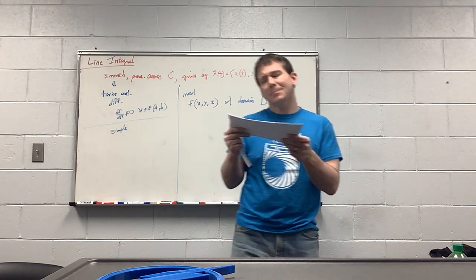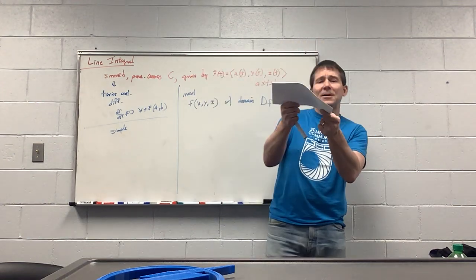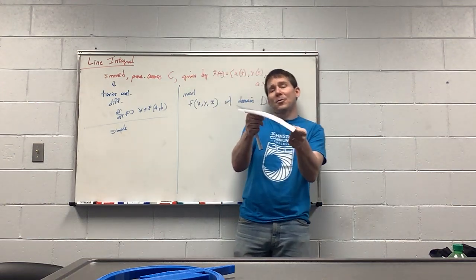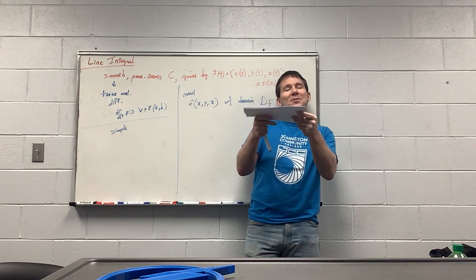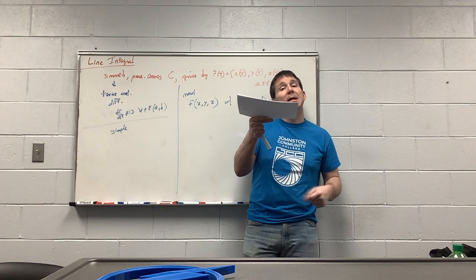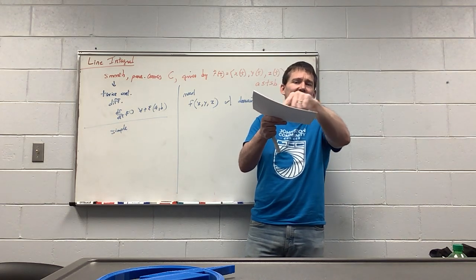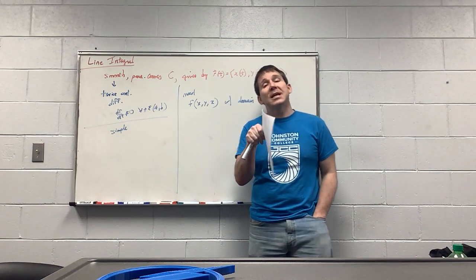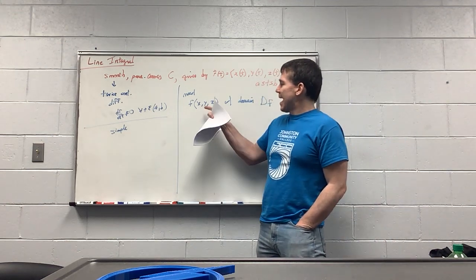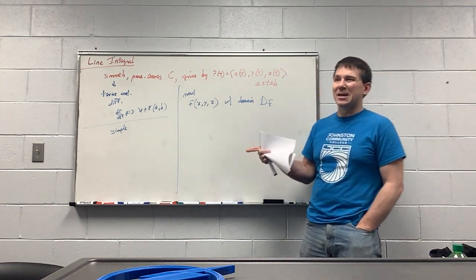But the idea here is, before, I took a function defined, say, in all of R2, since this is a three-dimensional surface. And then I would restrict myself to certain paths along that surface. We want to do the same thing here. I'm going to have a three-variable function, which of course means it exists in 4D, so I can't really draw that.